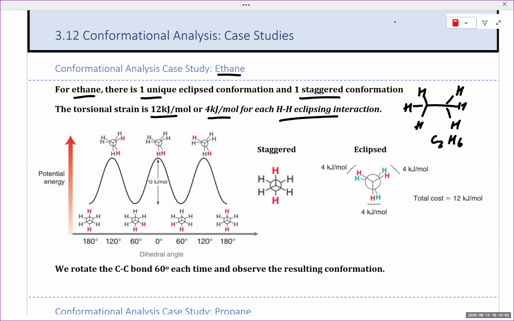And because we only see the energy maxima and minima in 60-degree bond rotation increments, we can take our given Newman projection, rotate the carbon-carbon bond 60 degrees, and then observe the strain present in the new conformation. So we rotate our carbon-carbon bond 60 degrees, and we observe the resulting conformation.